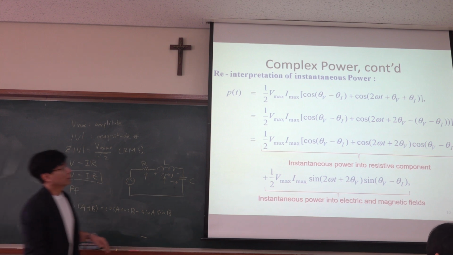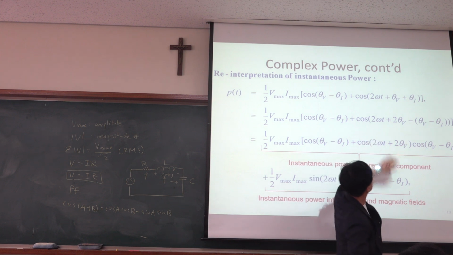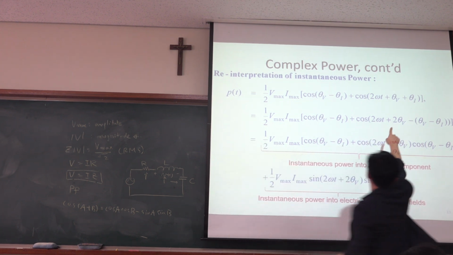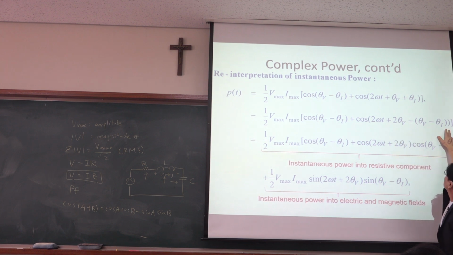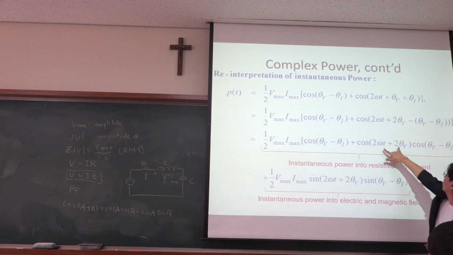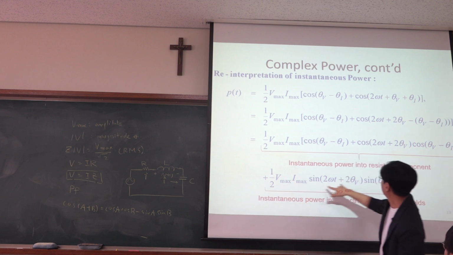Using this formula, we can break down the second term like that. Okay, this term is the same as that one, right? And then this plus that, so cosine, minus, so plus sine.